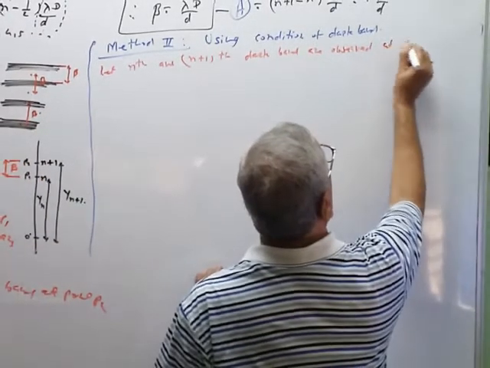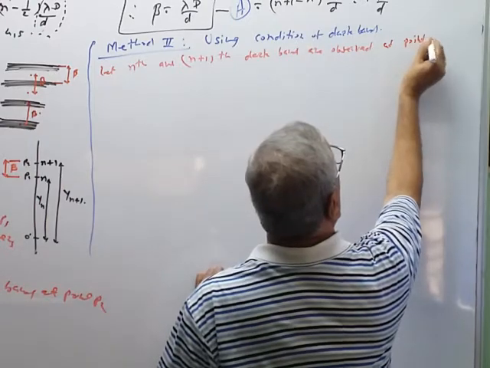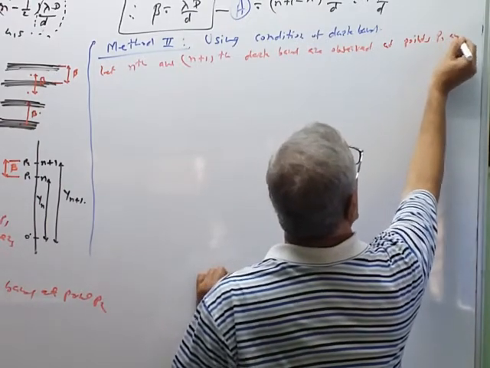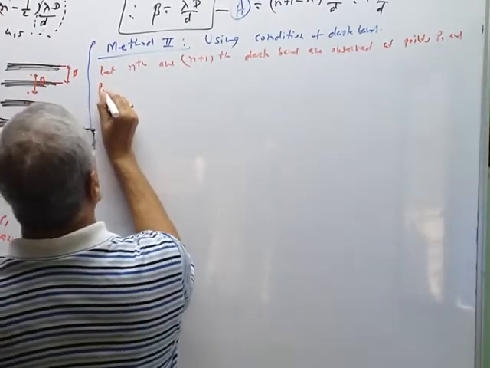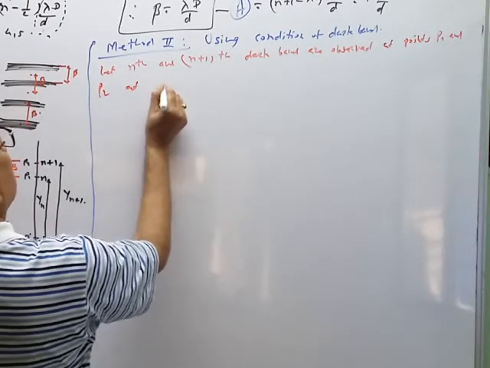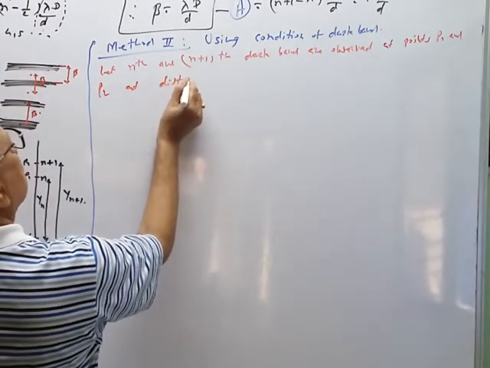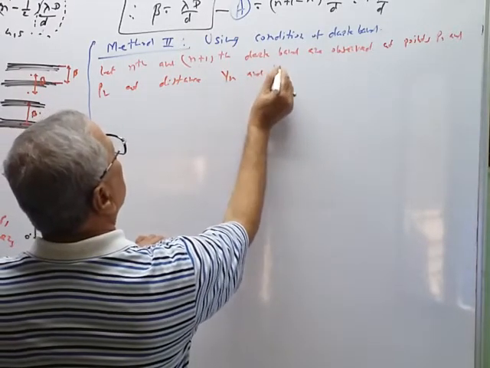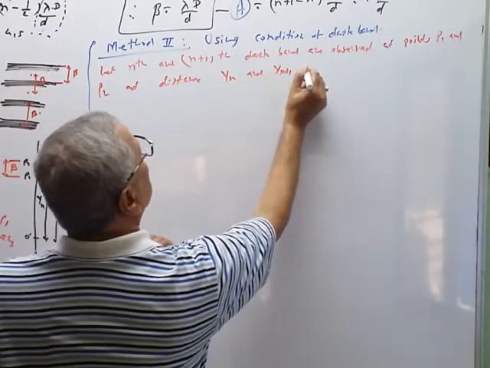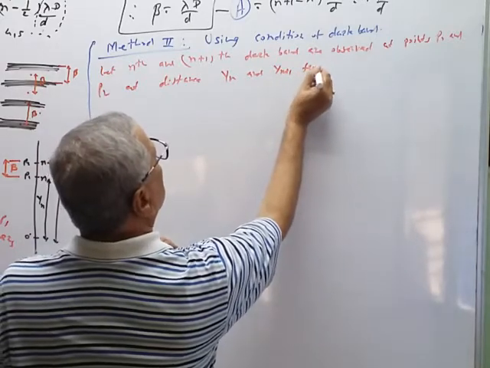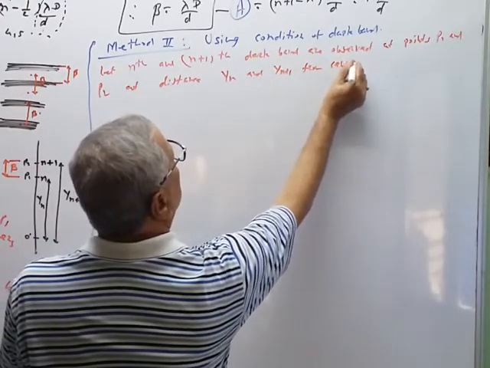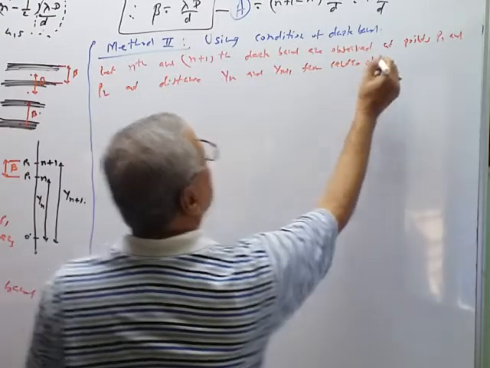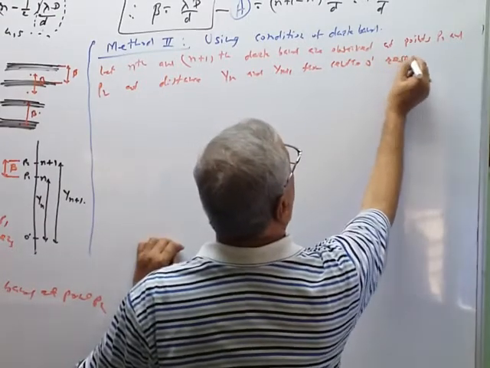Let the nth and n plus 1 dark bands be observed at points P1 and P2 at distances yn and yn plus 1 from center O dash respectively.